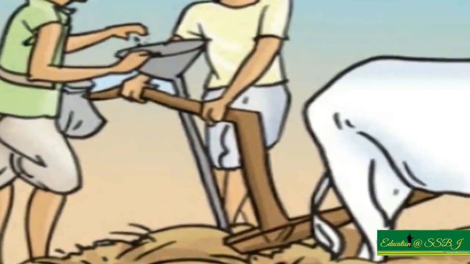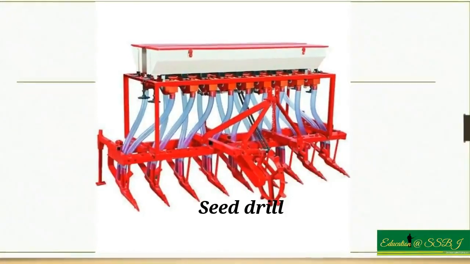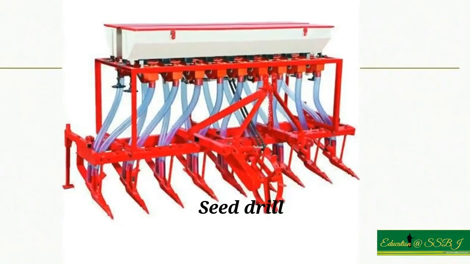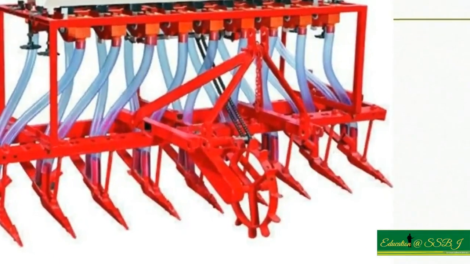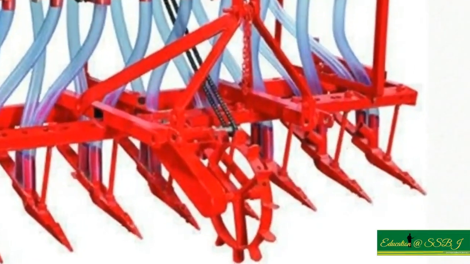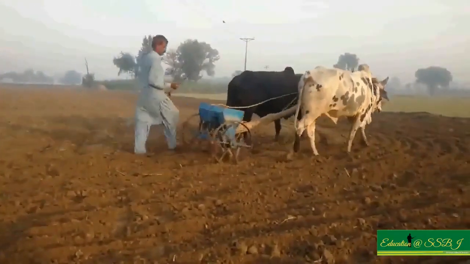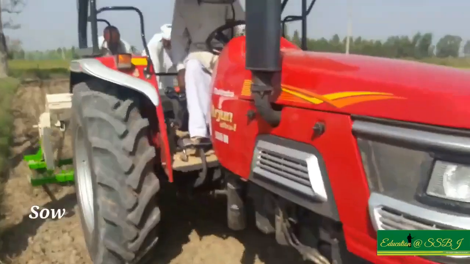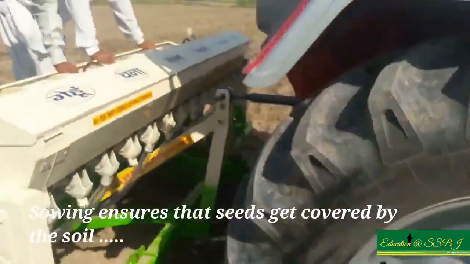Nowadays, seed drills are used, sometimes pulled by animals, sometimes by tractor. Using seed drill ensures that seeds get covered by the soil after sowing.